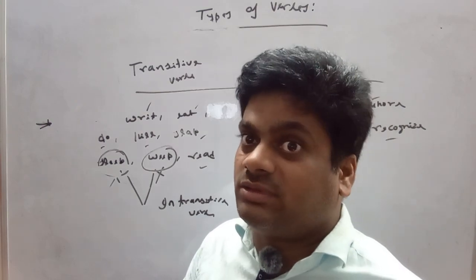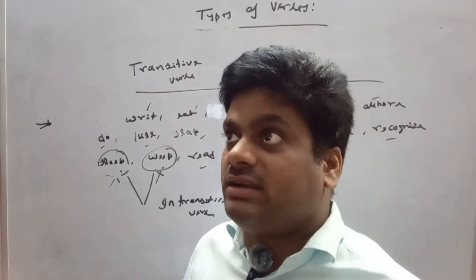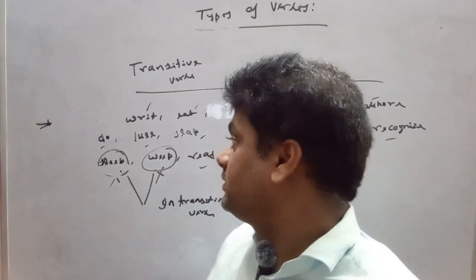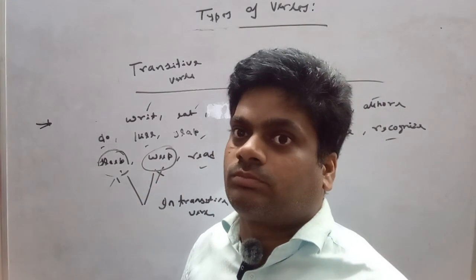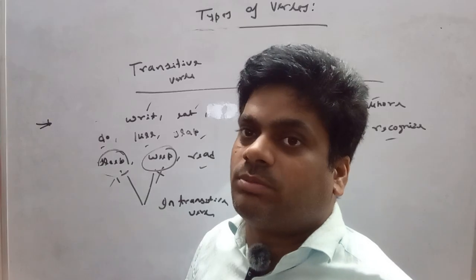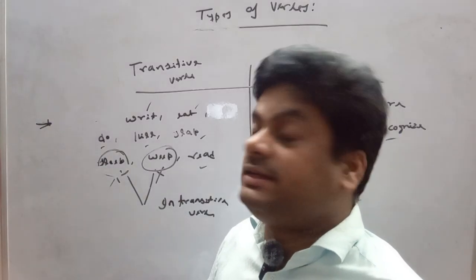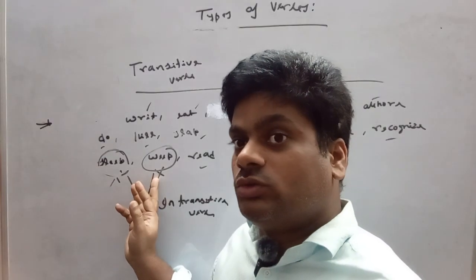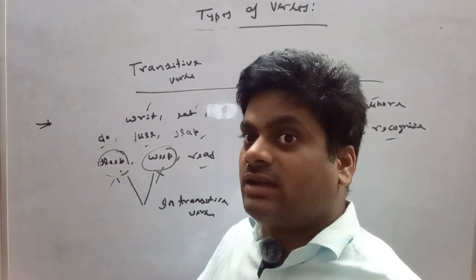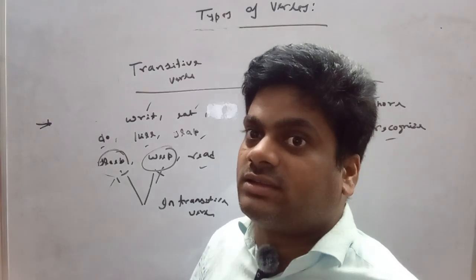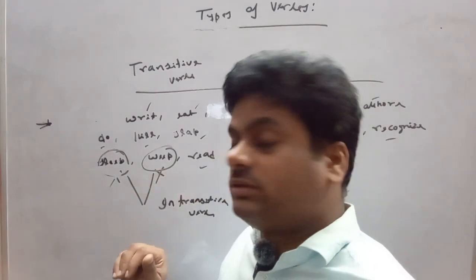The answer would not be a noun or a pronoun, but an adverb of place. Weep. Why does he weep? Its answer would refer to a reason, and reason can be kept under the category of adverb of reason. It is a type of adverb.